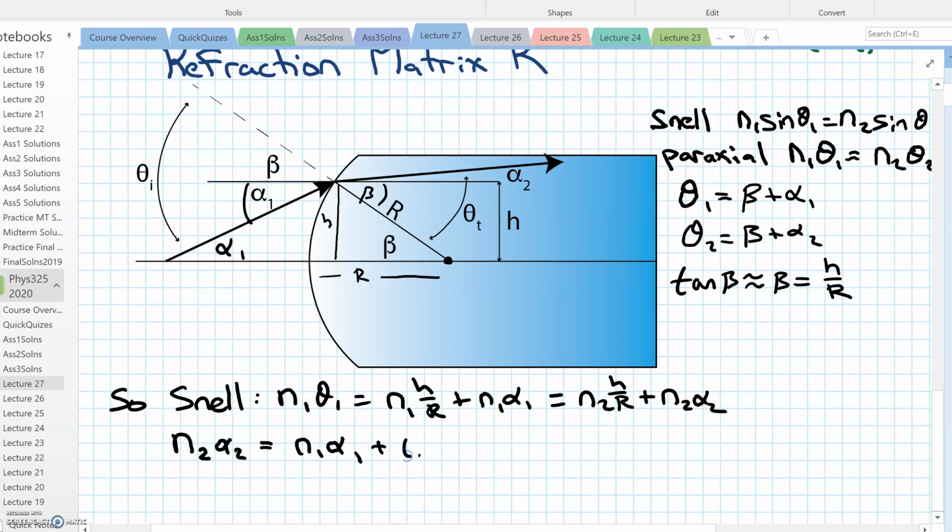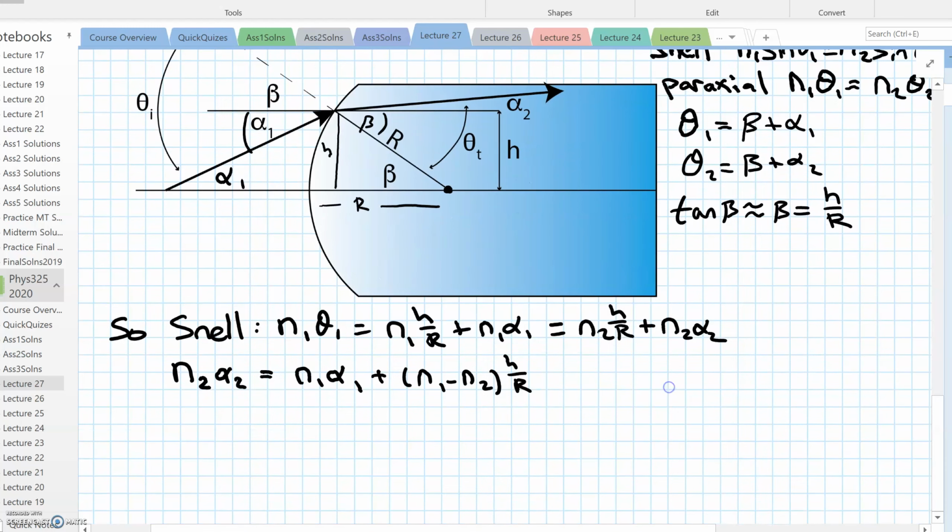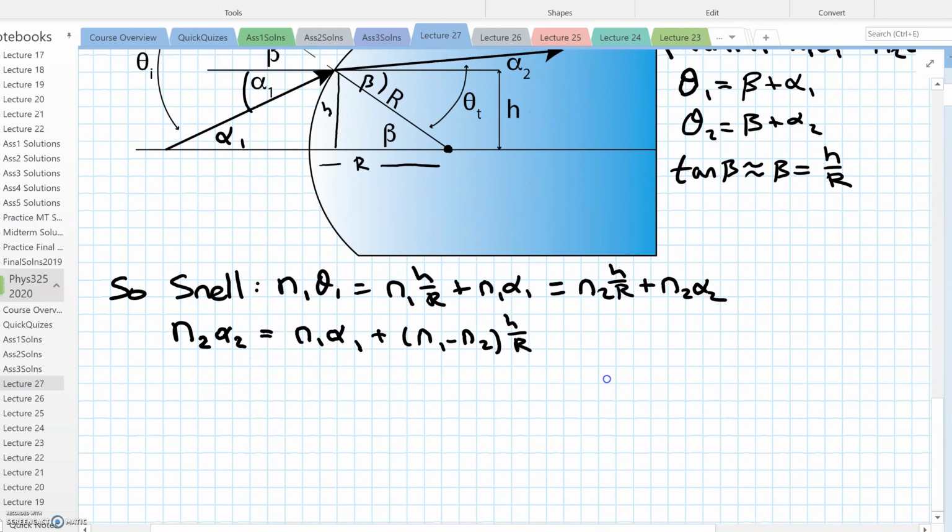It's going to be n1 minus n2 h over r. So let's try to reformulate that into a matrix equation.